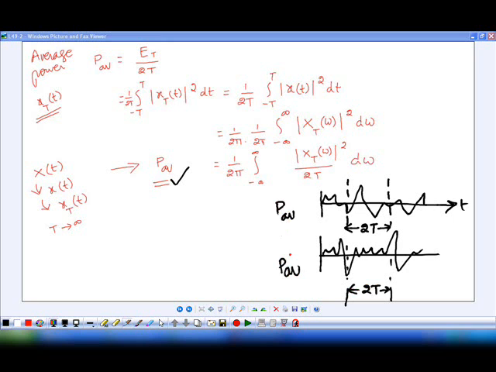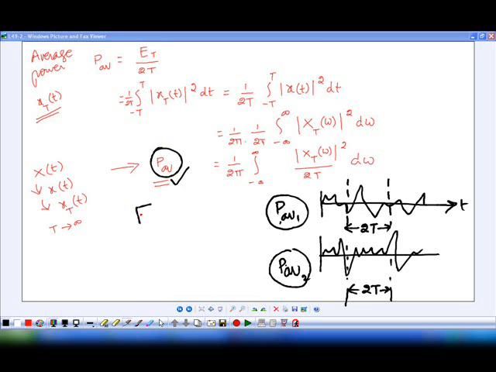Though the interval is the same, this value and this value will definitely be different. So that's why the value taken by this is different from this. Therefore, this P average can be considered as a random variable.